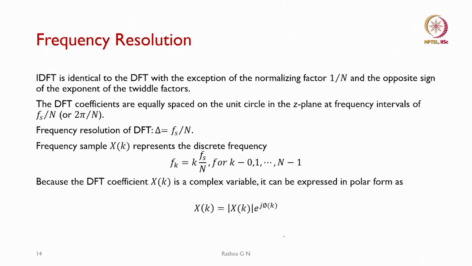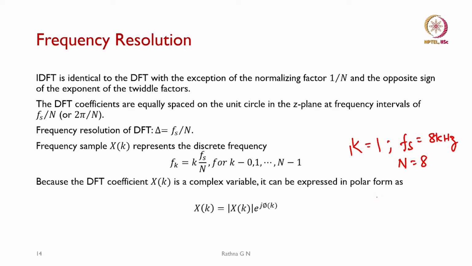Frequency sample x of k represents the discrete frequency, where fk is given by k into fs by n for k is equal to 0 to n minus 1. So, if I do not know what frequency I am getting at the output, if I know k is equal to, I will put it as 1, and we have assumed fs sampling frequency is 8 kilohertz, and then I am going to pass it through n is equal to 8 to be simpler to calculate this.